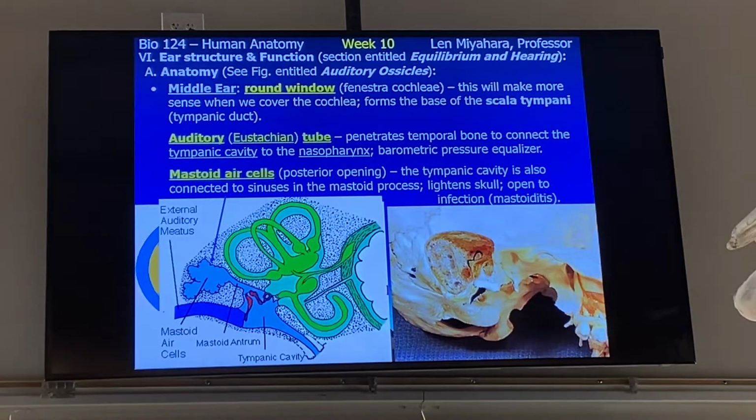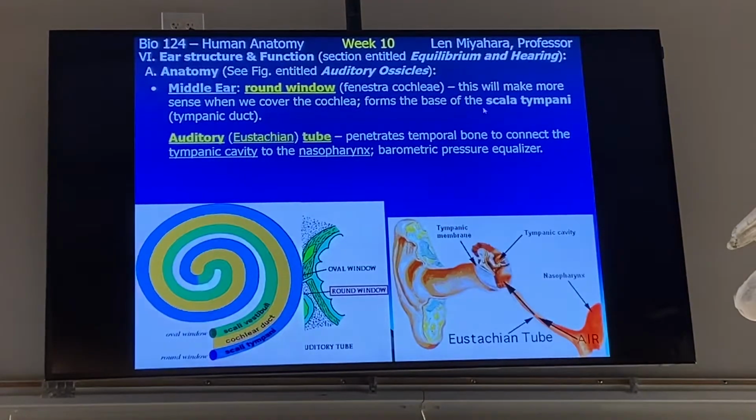So little kids can get middle ear infections a lot easier because the auditory tubes are so much shorter. In adults, that infection is growing up in here, and your immune system is fighting it back, and you got rid of the cold before it reaches here. You don't have a middle ear infection.